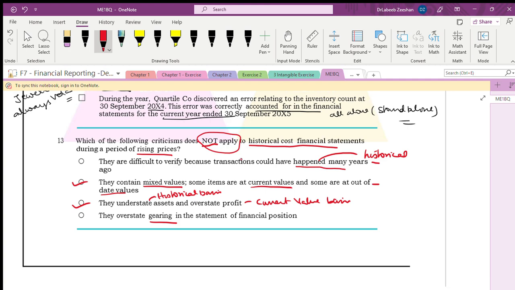What is the gearing ratio? Gearing ratio is nothing but debt divided by debt plus equity. Debt will be on the current values, because every time we are taking a loan. The loan will be on the current value, whereas equity will be on historical value basis. This is also a criticism.